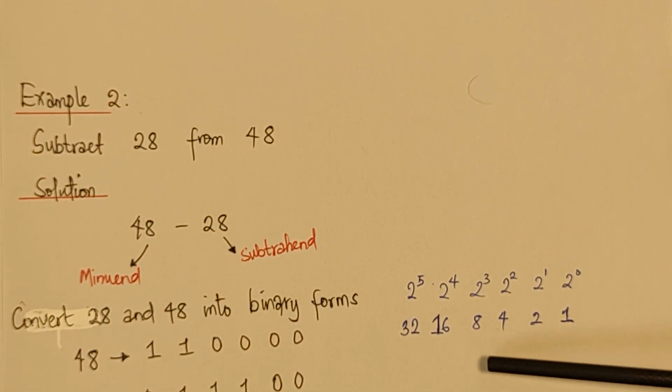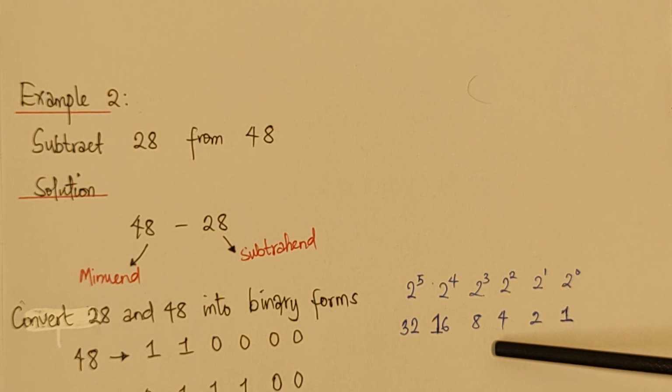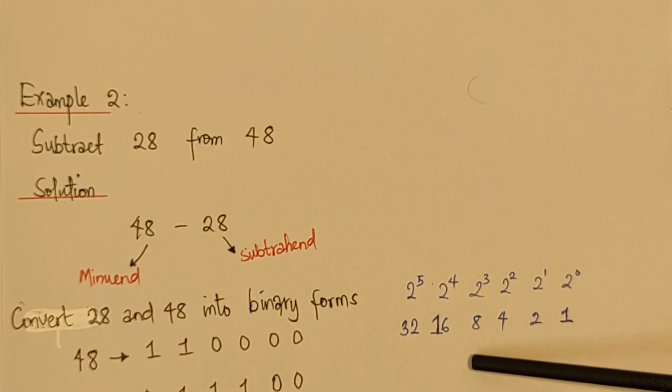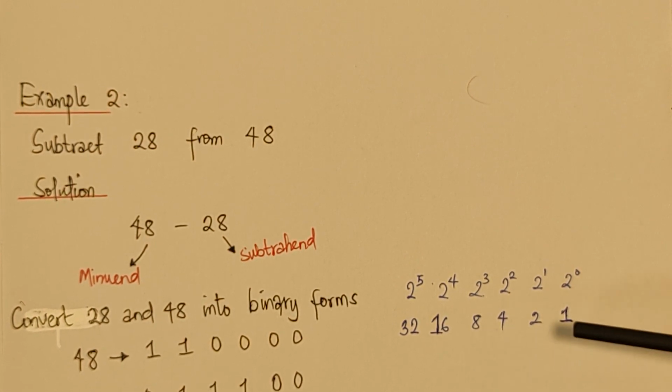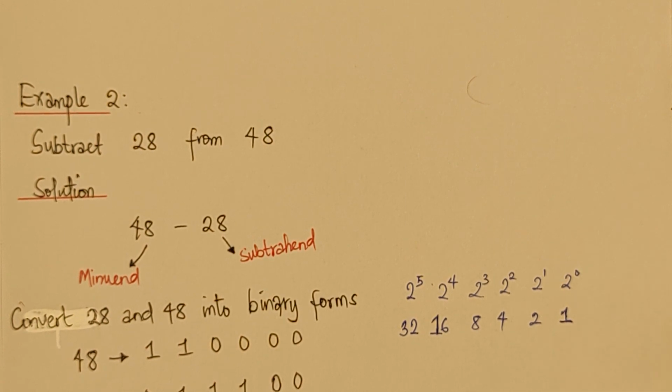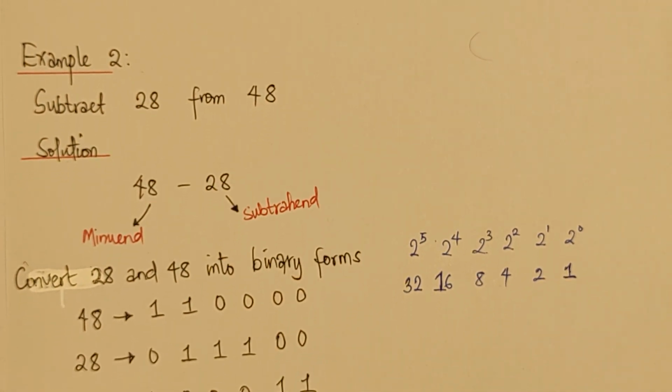We can see that 8 and 4 can make up 12. So we'll turn that on as 1, 1. Whereas this one will be 0, 0 because 12 minus 12 is actually 0. So we don't need to do any further summation. So we're going to have 0, 1, 1, 1, 0, 0, which we have here as 28.